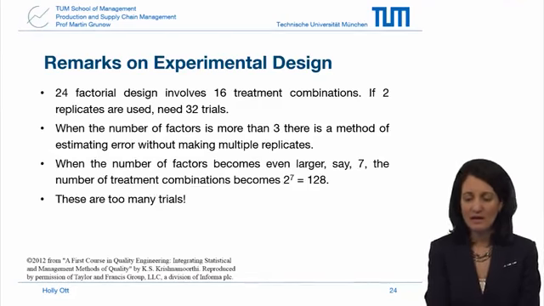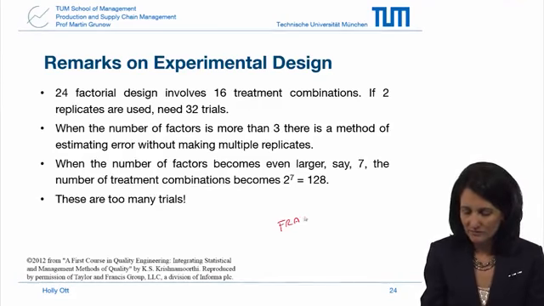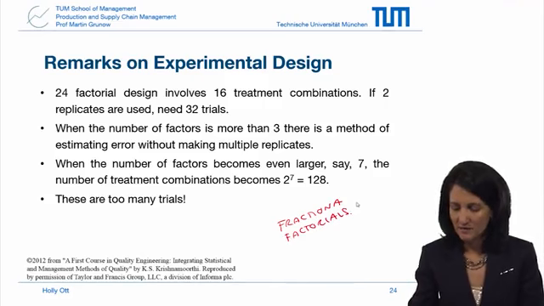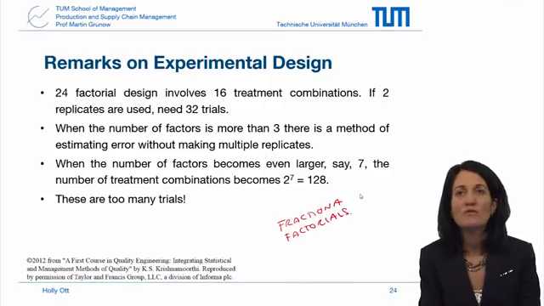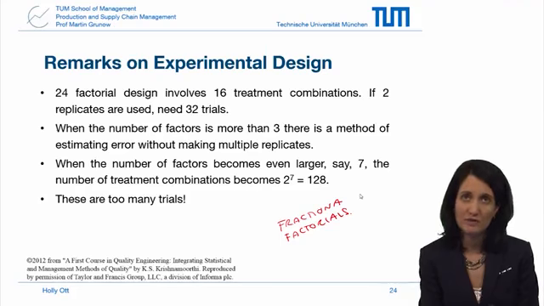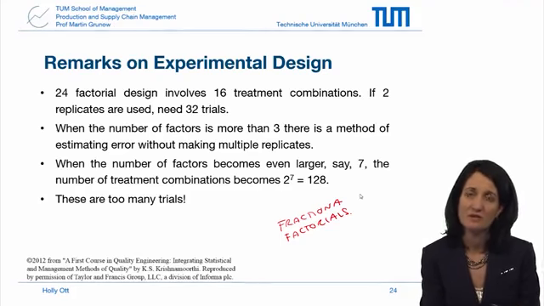And they have also devised what's called fractional factorial designs, which call for running only a fraction of the total number of runs in the full factorial. And the fractions are being chosen in such a way that you get the most useful information from the experiment. And again, we're not going to cover that in this course, but there are details in statistical textbooks and also in our textbooks if you're interested.